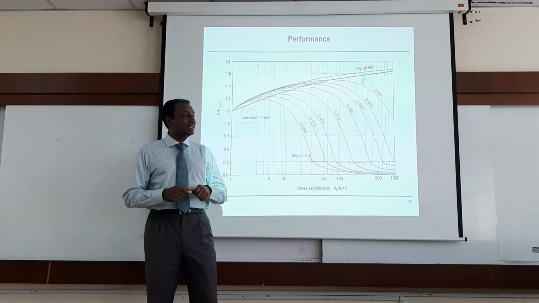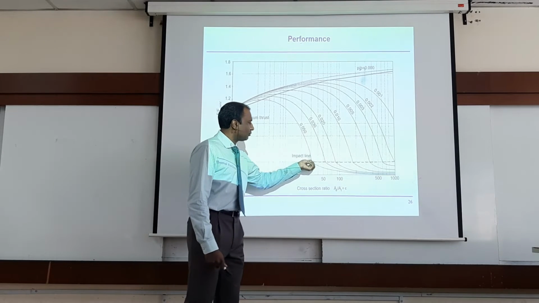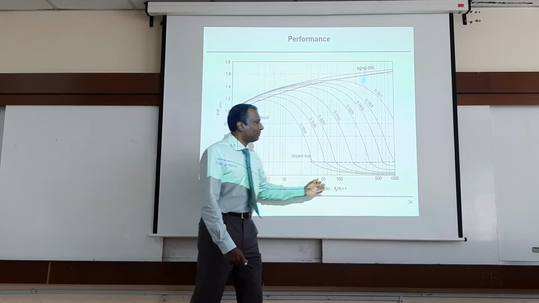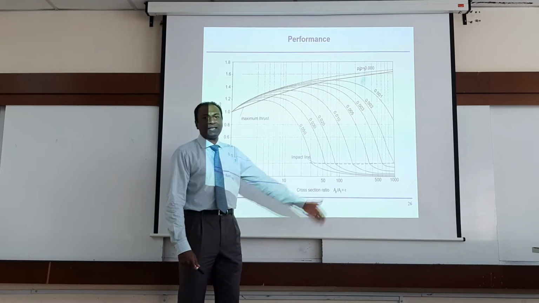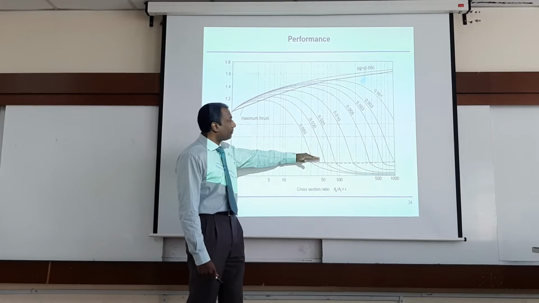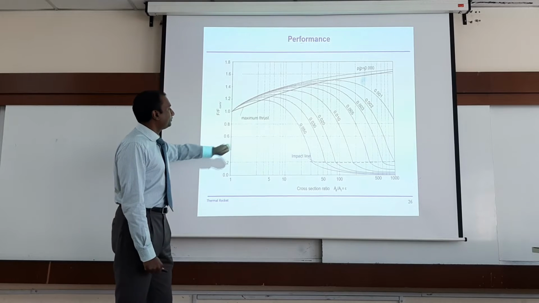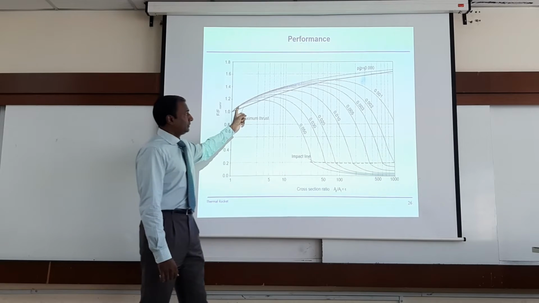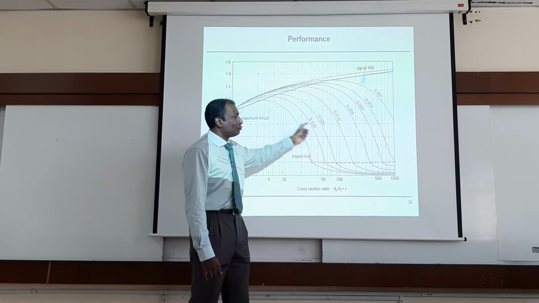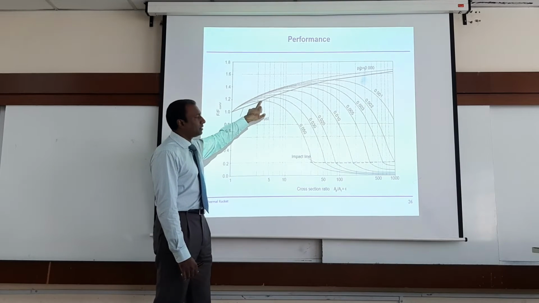That means we need to have the jet flow, and you're not creating the jet flow. So this is what we call the impact line. Why impact line? After this, it doesn't make any sense anymore. So it's like a dead zone for us. We should be operating somewhere in this region. Okay? Again, in every curve, you should be able to find a maximum point. So we plot the peak.